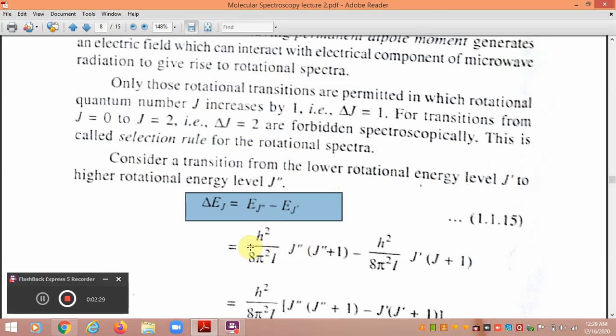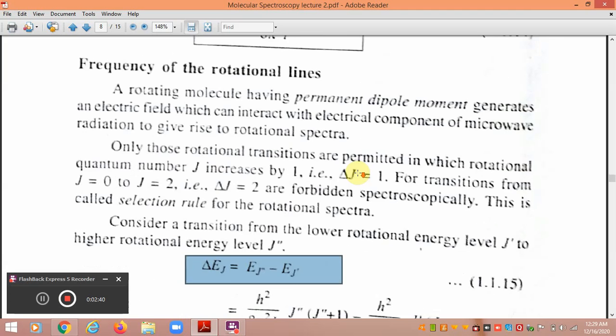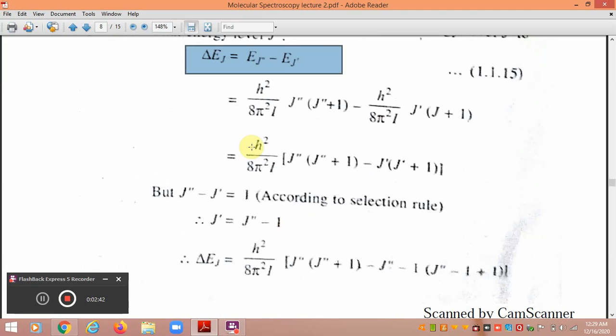And E J is given by h square upon 8 pi square into I into J into J plus 1, so we can write the same equation for J single prime as well as J double prime. Putting in the values, E J double prime minus E J single prime is h square upon 8 pi square I into J double prime into bracket J double prime plus 1, minus h square upon 8 pi square I into J single prime into J single prime plus 1.